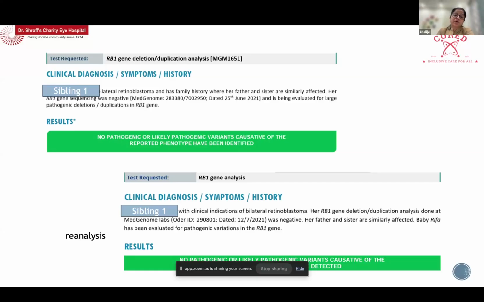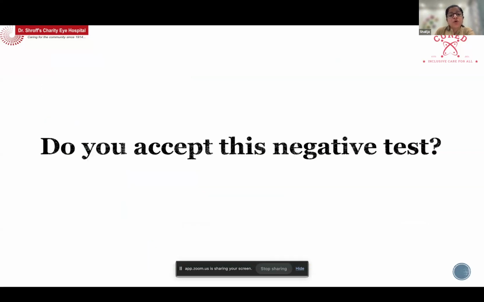It has to have some variation, because it's a heritable, bilateral retinoblastoma, and then it was also negative. So what is it that we are missing? Do you accept this negative test? That's my question again. It is a very clear-cut case of heritable retinoblastoma, with multiple family members affected, and they are depending on us for a prenatal diagnosis of their next child.